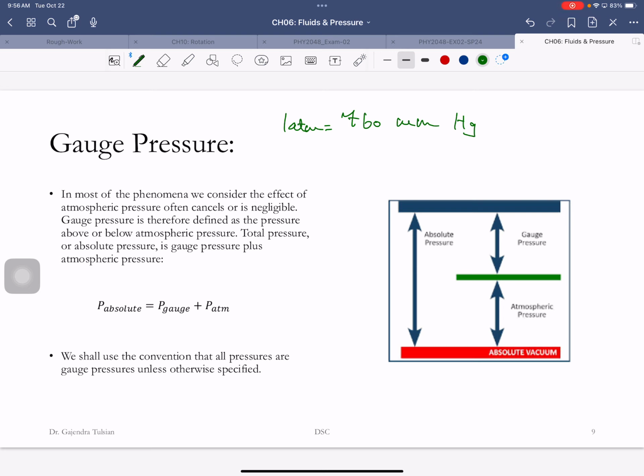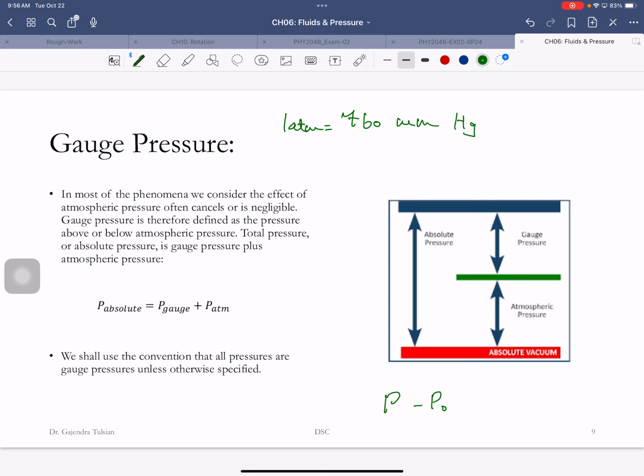In a lot of the medical field, in a lot of situations, what we do is we actually talk about gauge pressure. The reason it's called gauge pressure is because most gauges measure that. What they measure is not the actual pressure, but the actual pressure minus atmospheric pressure.